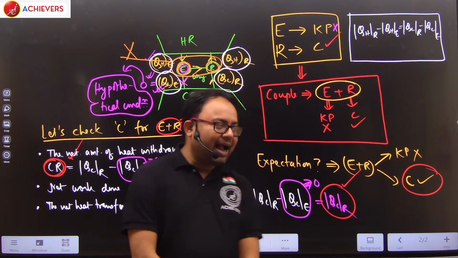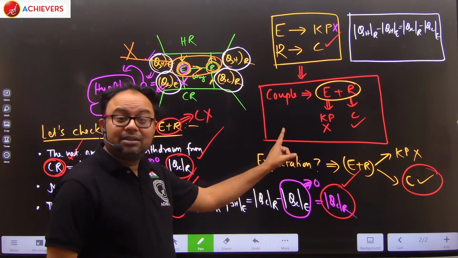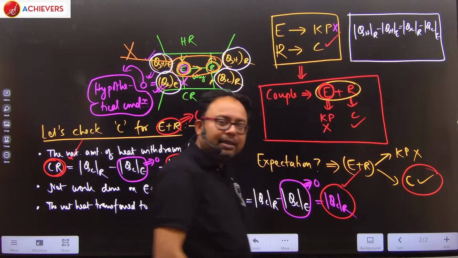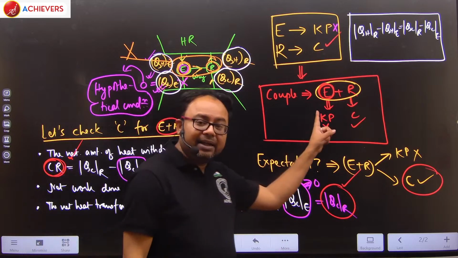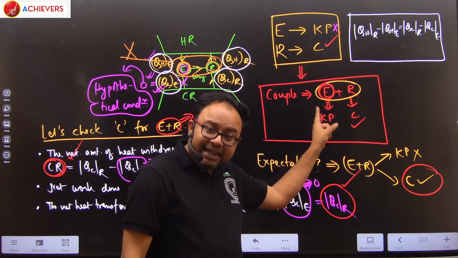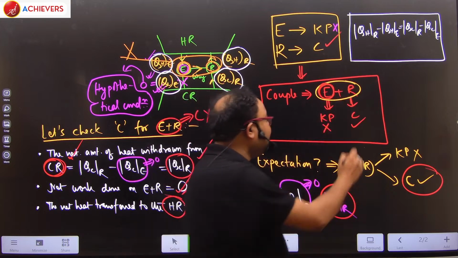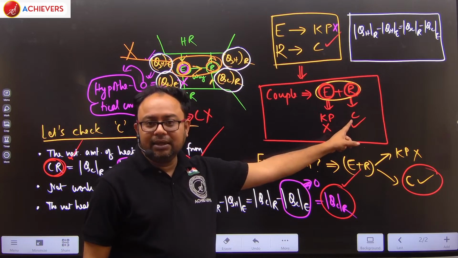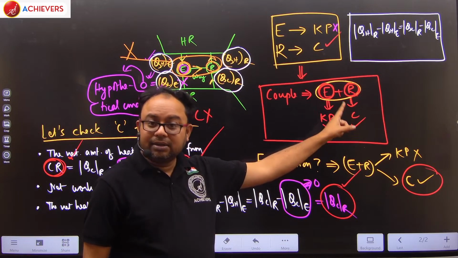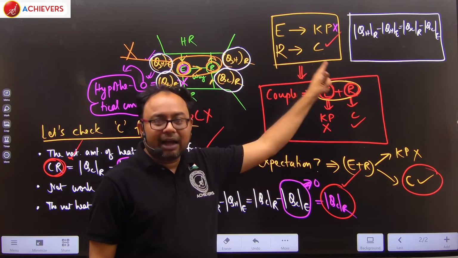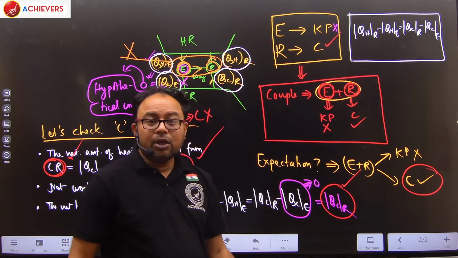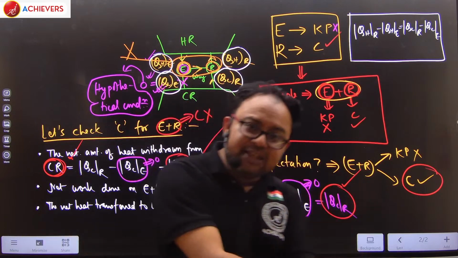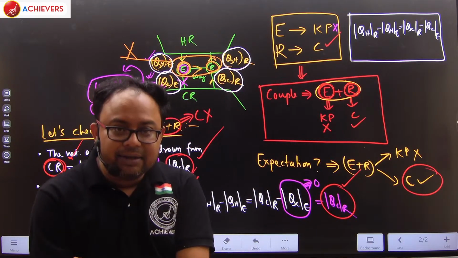The reason is that as one member of the couple, that is E, is violating Kp, and that is being connected to the other member of the couple R, which is following C, you'll see that the entire couple will violate both Kp and C. So if Kp is violated, then C is also violated.